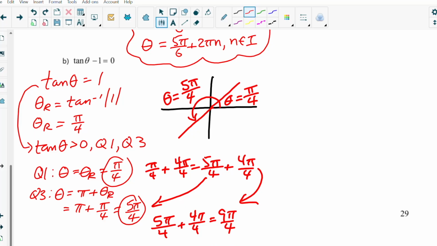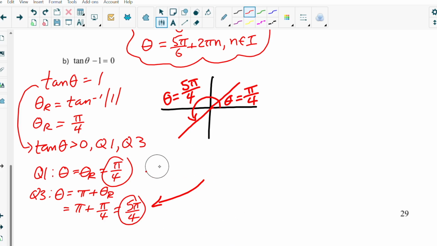So instead of stating a general solution in terms of 2 pi, we need to vary this in terms of a single pi. I'll show you what that means. Let me clean this up.